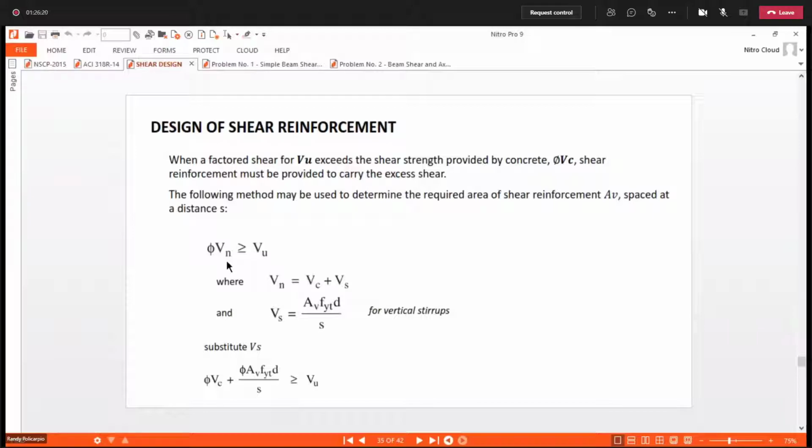All you need is multiply these two by the strength reduction factor. So VC multiplied by the reduction factor, and also VS multiplied by the reduction factor. So for us to say na adequate yung shear reinforcement mo, this should be equal or greater than VU. Okay, so yun ang requirement.